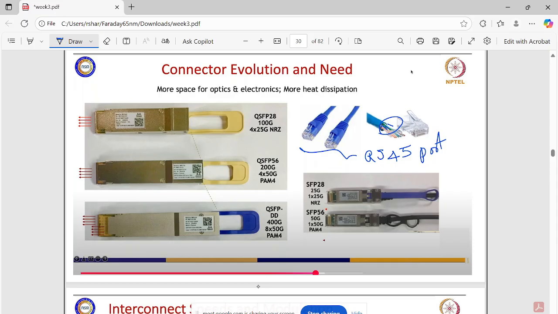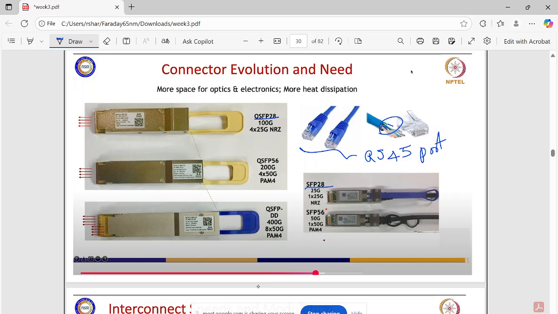So in HPC or AI clusters, we are looking for like 400 gigabits per second. These standard links are not capable of carrying that much. Therefore we have standards which are based on SFPs, QSFPs.